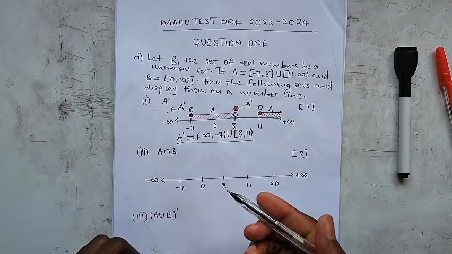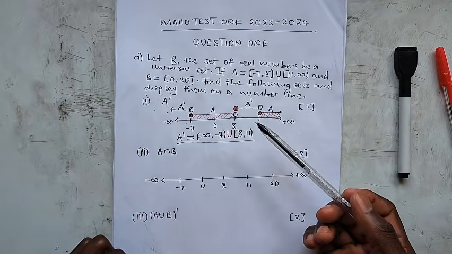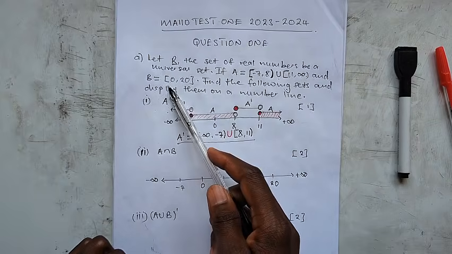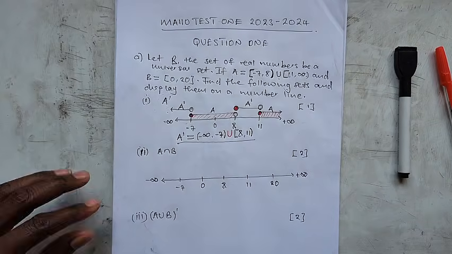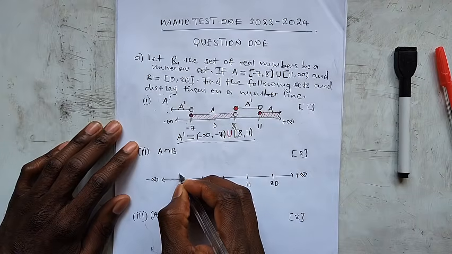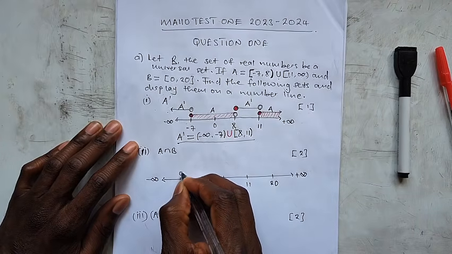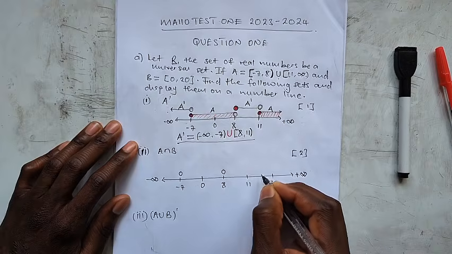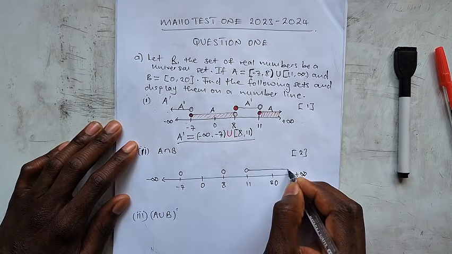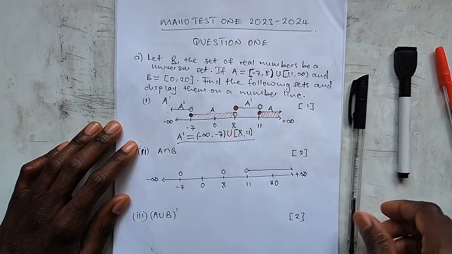All right. So if you notice, we have to sketch set A, and we also need to sketch set B. Let me start with set A itself. Remember, for set A, we have this part and that part, going to the right-hand side.